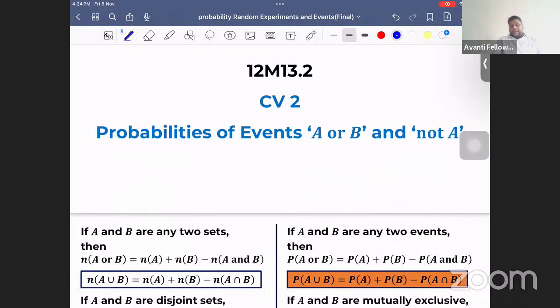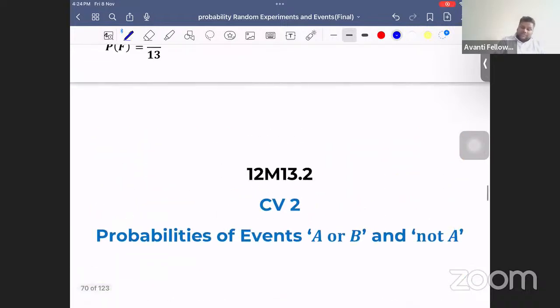Now, probabilities of event A or B and not A. See, you must have seen a formula. Number of elements in A union B is number of elements in A plus number of elements in B minus number of elements in A intersection B. So this is what we call A or B. Got it?